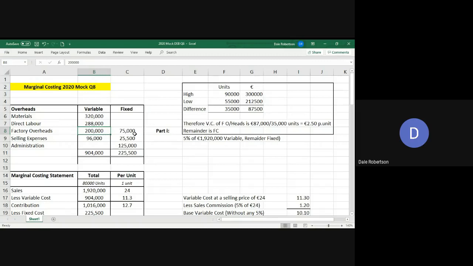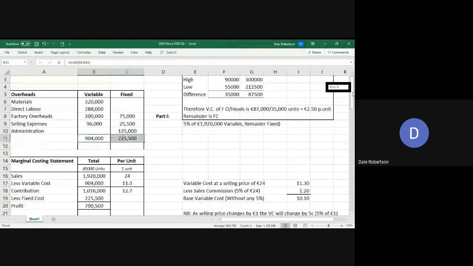And then the remaining 75 from the 275 in the question is the fixed component. A little bit of flexible budgeting within a marginal costing question. Of course, you can review the video on flexible budgeting if you want a reminder on how to do a high-low method again. This gives you your variable and fixed costs, which we can then go down and have a look at our second preparation work.